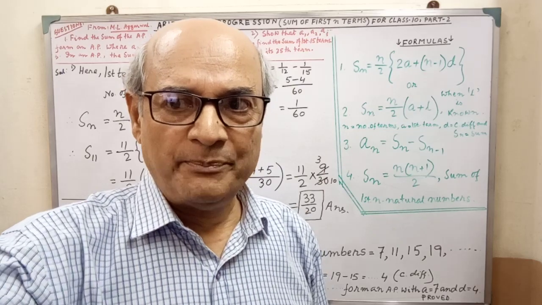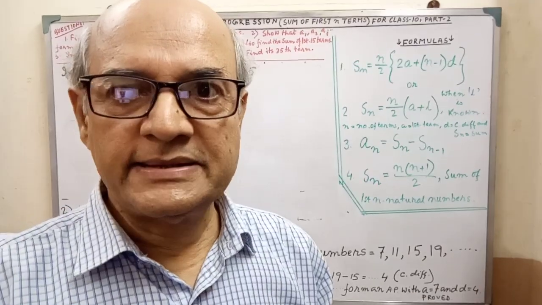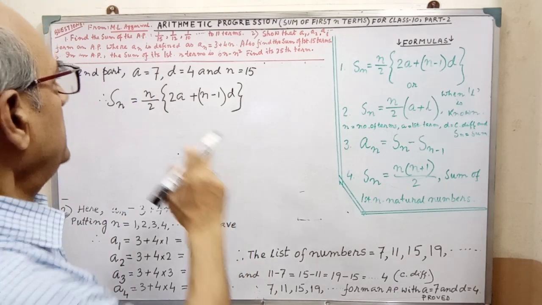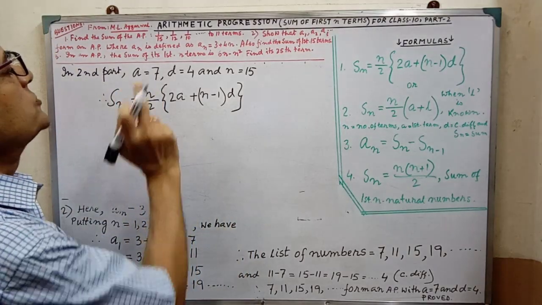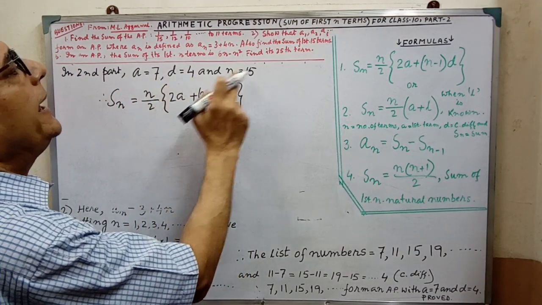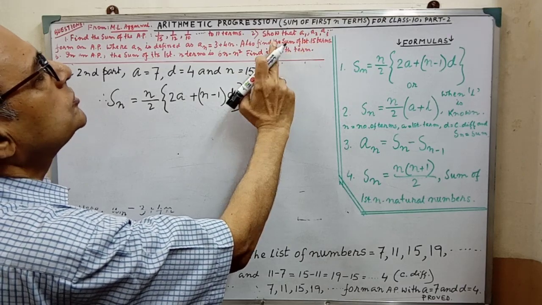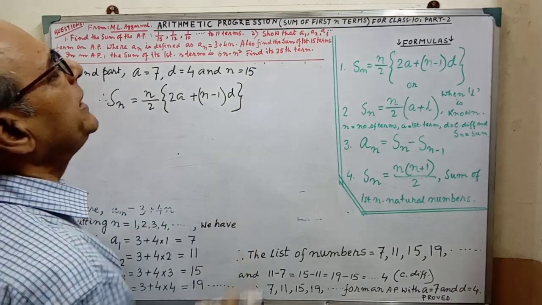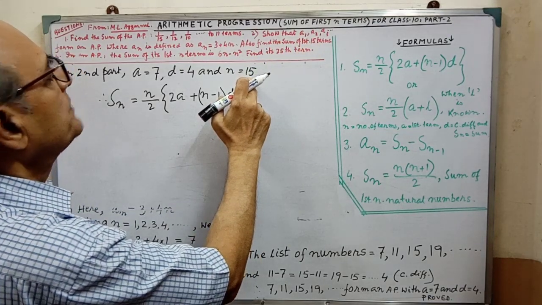There is a second part. In second part, here A equal to 7, D equal to 4, and N equal to, we have to find out the sum of first 15 terms. So number of terms 15.